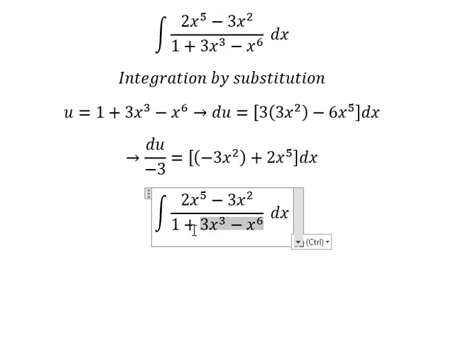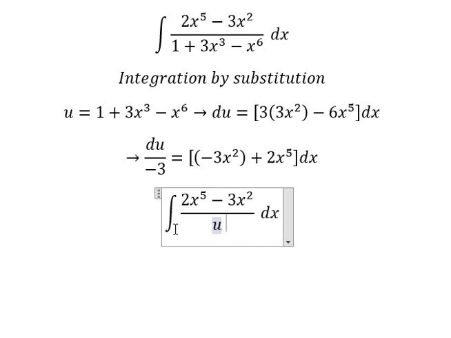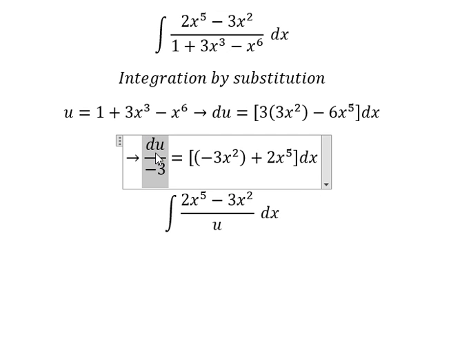So this one we change to u, and this one with the x we change to u over negative 3.